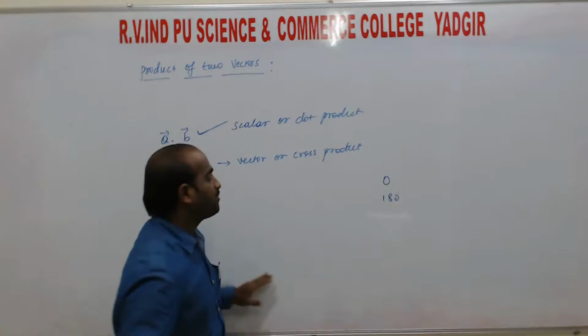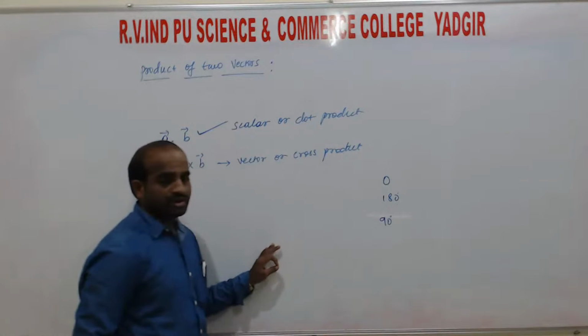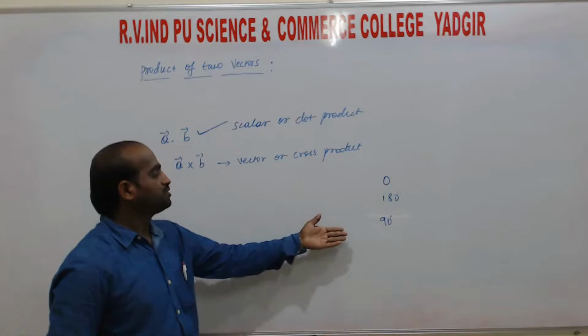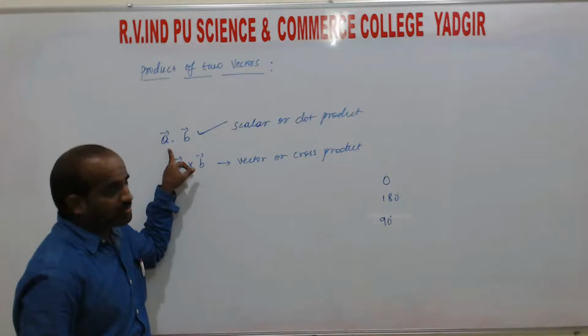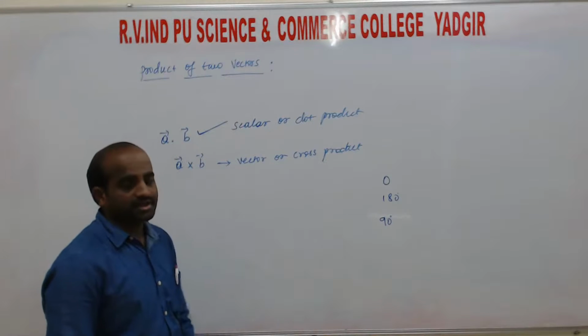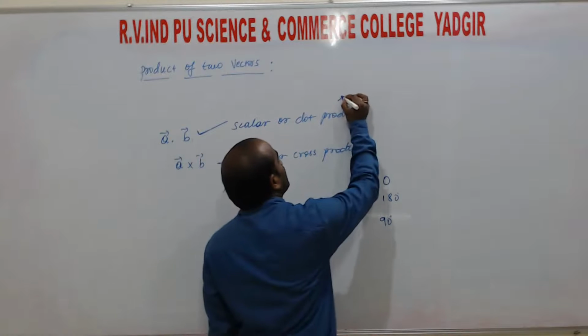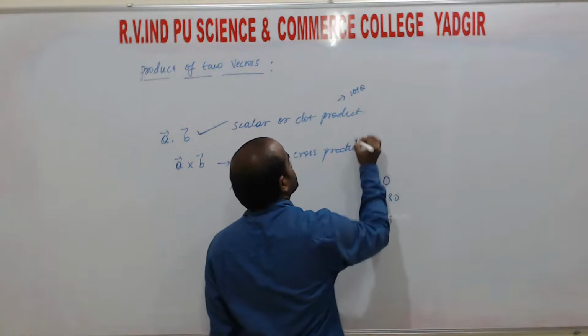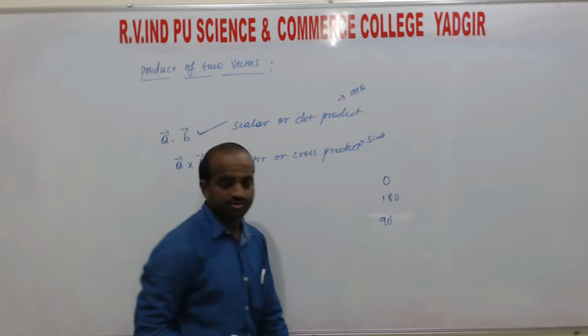It is maximum at 90 degrees. That's why we use cos theta for dot product and sin theta for cross product.